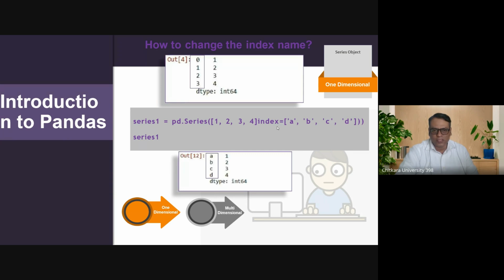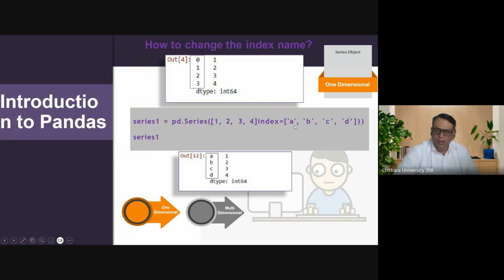With the help of this pd, we can call the series function. In this, we have placed a list and then the index values of the elements. As you can see, the elements are 1, 2, 3, 4, and the index values A, B, C, D are there. So in the output, instead of the 0, 1, 2, 3 index values, all the index values will be replaced with the help of these values.